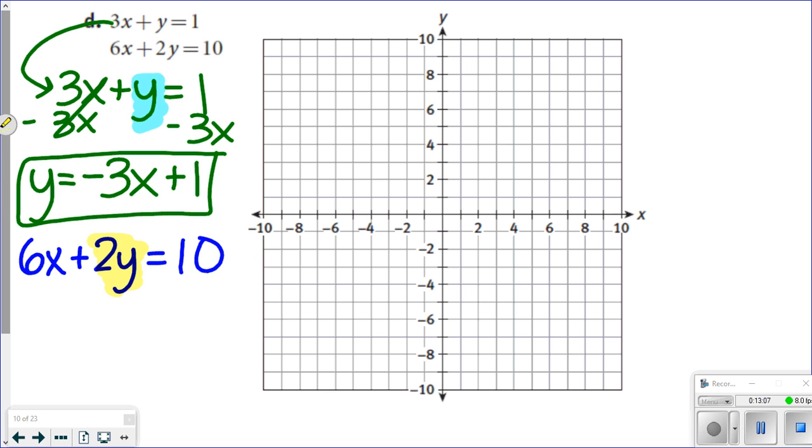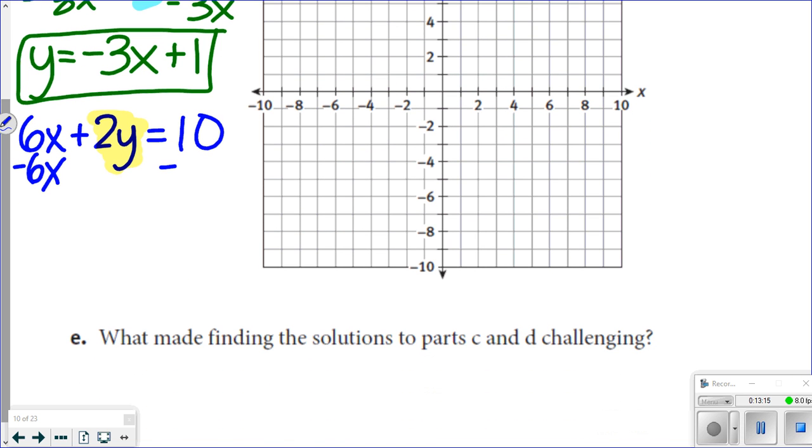So I want to get 2y by itself. So subtract 6x, subtract 6x, 2y equals, don't forget about that negative with the 6x, then plus 10.